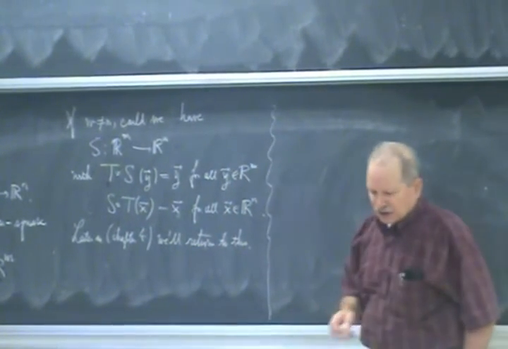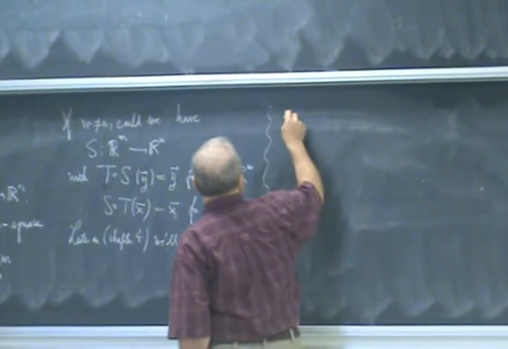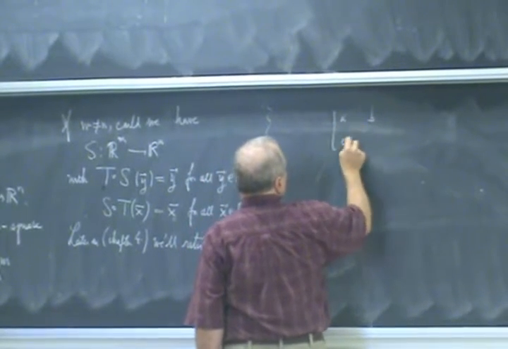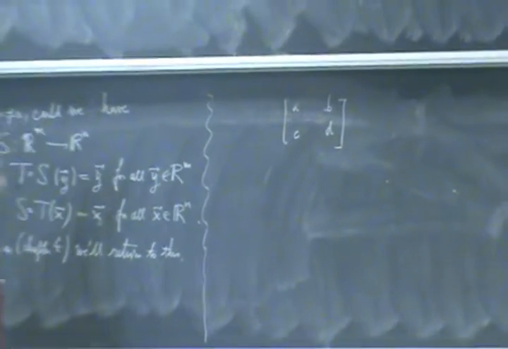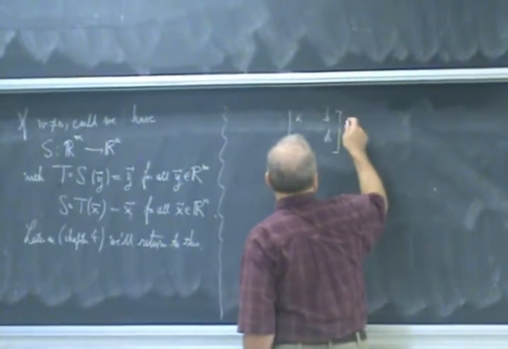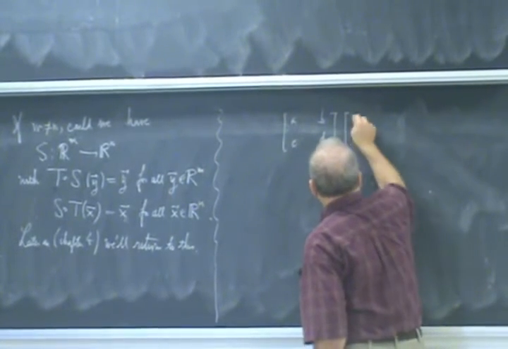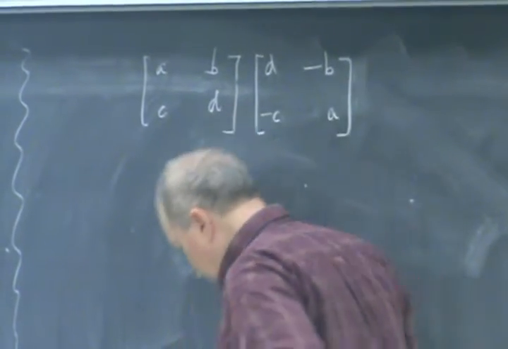All right. So a couple of things. Here's a general formula. I did an example for you the other day. If you multiply a 2 by 2 matrix A, B, C, D by the matrix D, minus B, minus C, A, what do you get?